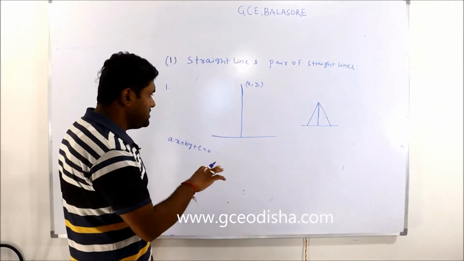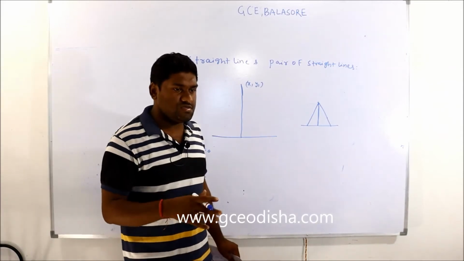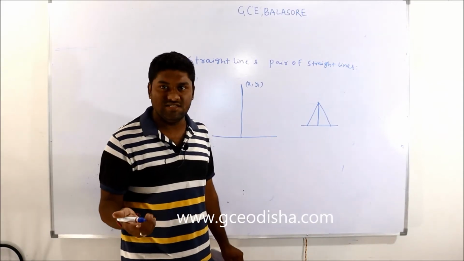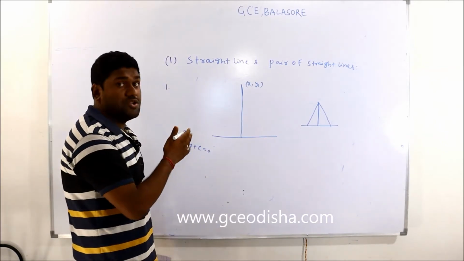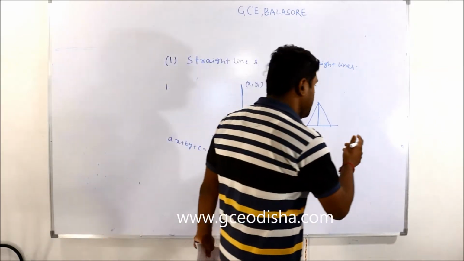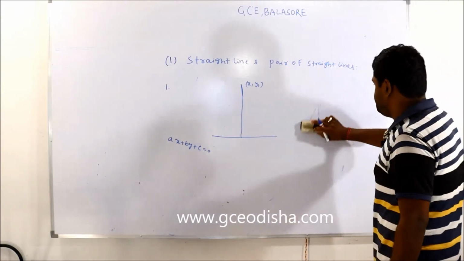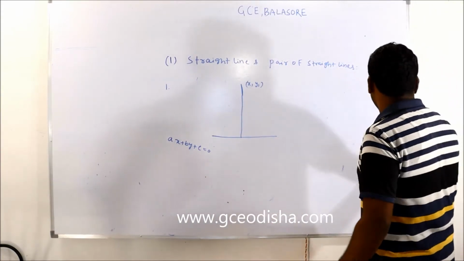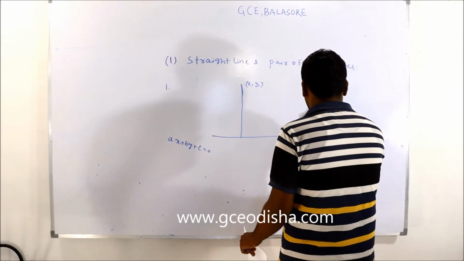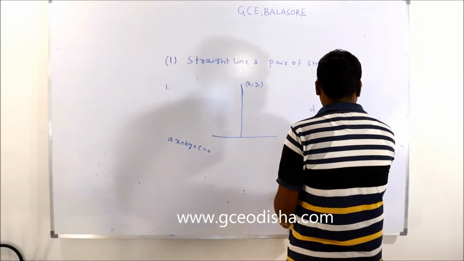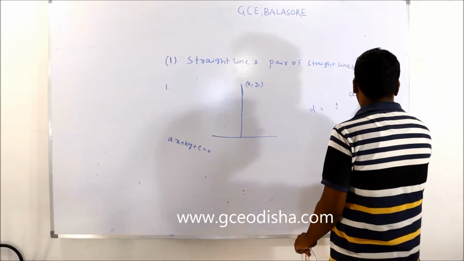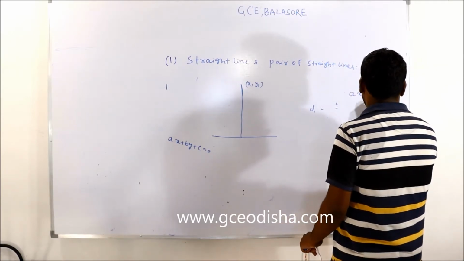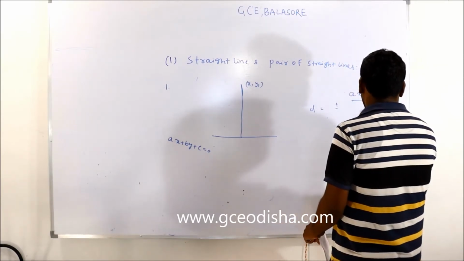I have seen 7 to 8 questions in a single set based on this concept. And what is the formula? d is equal to plus minus (ax1 plus by1 plus c) divided by square root of a square plus b square.